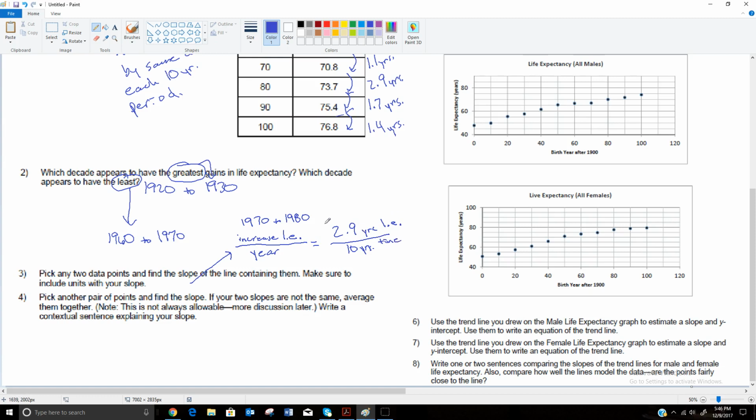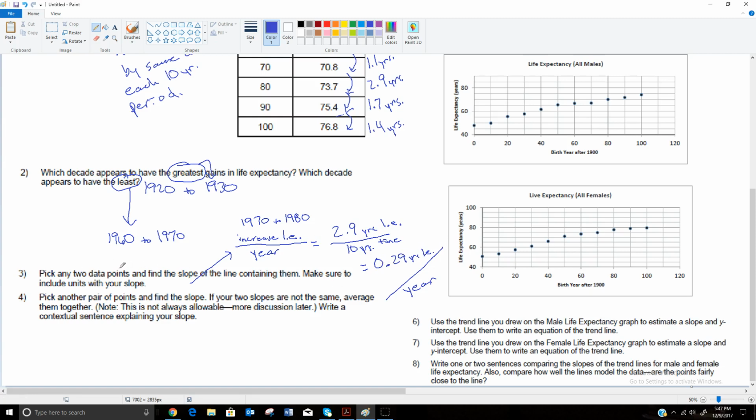Okay, so now if we divide that, we get 2.9 divided by 10, which just shifts the decimal over, and we get 0.29 years in life expectancy per year. So every later year that you were born, you gained 0.29 years in life expectancy.